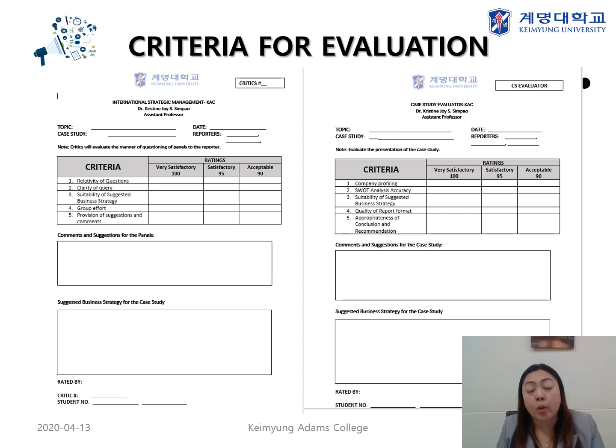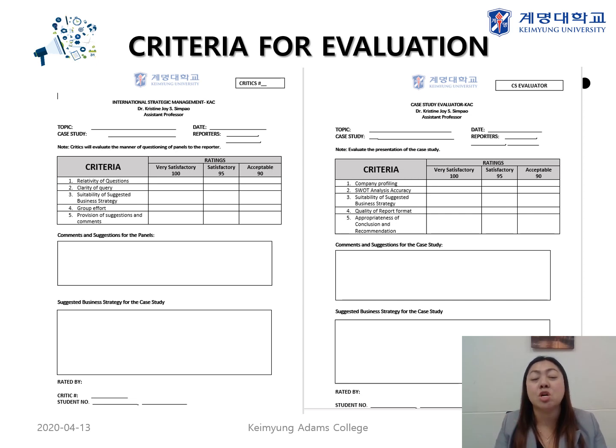For April 20, your group might be the presenter and the other group will be the critics and the case evaluator. And the following week, there will be another set of evaluators, another set of panel, and another set of critics. So you will all be given a chance to become an evaluator, critic, panel, and presenter.